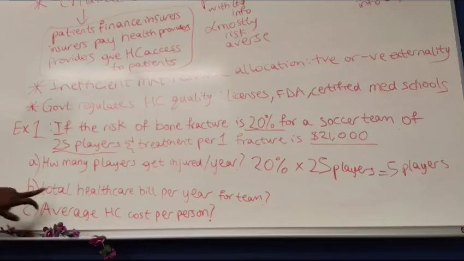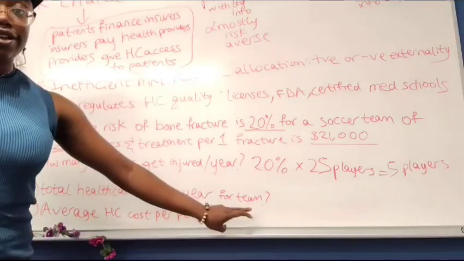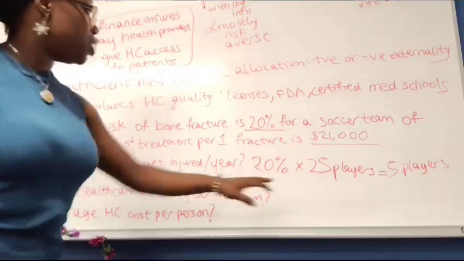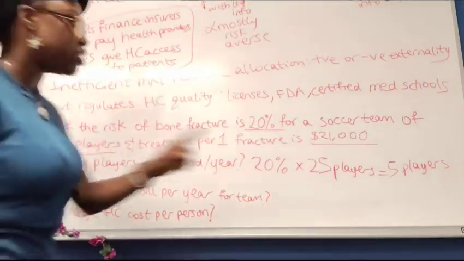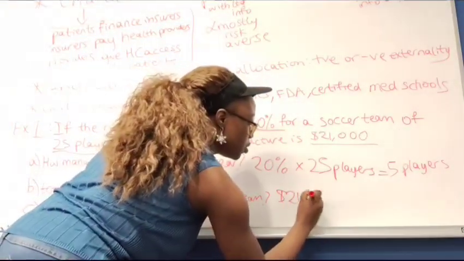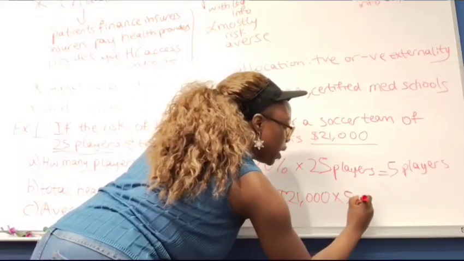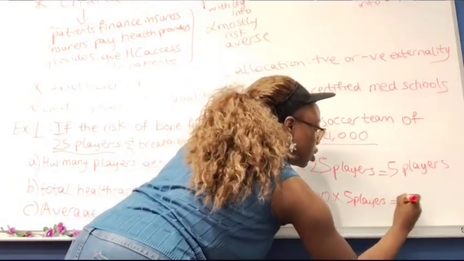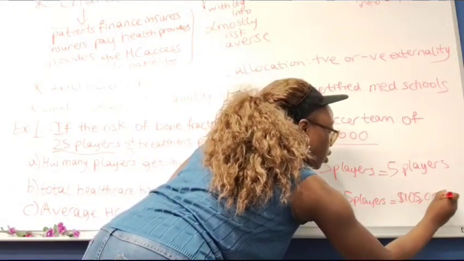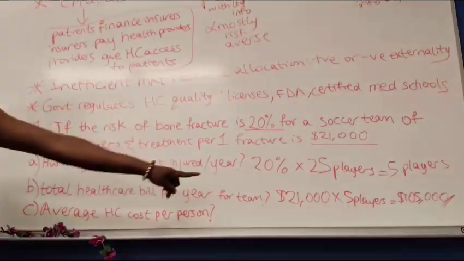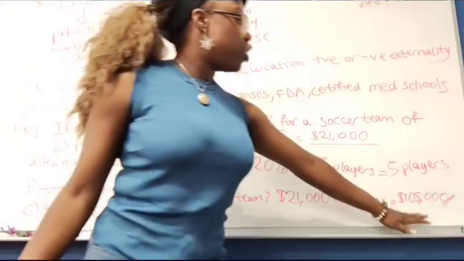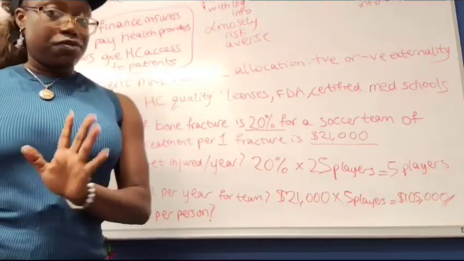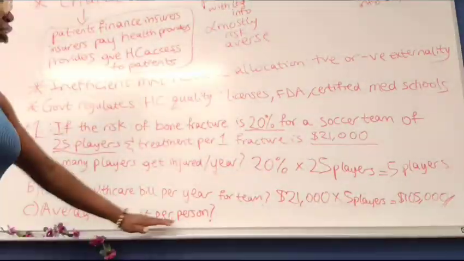How about part B? What is the total healthcare bill per year to cover the cost for the team? Again, we know that 5 players are at risk, and the cost of treating one fracture is $21,000. So $21,000 times 5 players gives you $105,000 total cost for the team. Okay, how about the average healthcare cost per person? If it's going to cost the team $105,000 to treat 5 players on average in a year, how much is it going to cost per person?